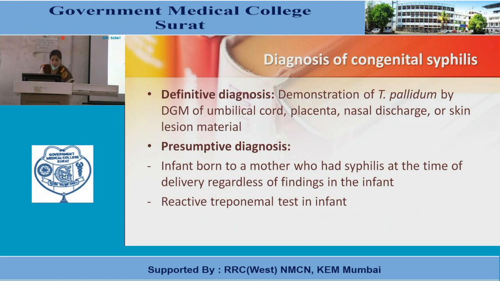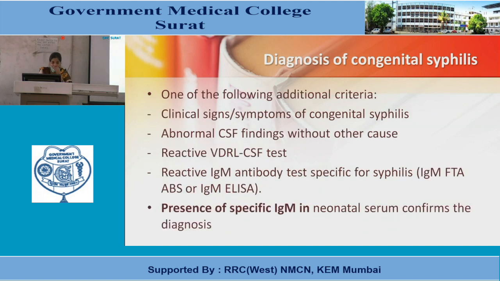A presumptive diagnosis can be made in an infant born to a mother who had syphilis at the time of delivery, regardless of the findings in the infant, and a reactive treponemal test in the infant, plus one of the following additional criteria: clinical signs and symptoms of congenital syphilis, abnormal CSF findings without other cause, reactive VDRL CSF test, reactive IgM antibody test specific for syphilis, IgM FTA-ABS or IgM ELISA, and presence of specific IgM in neonatal serum confirm the diagnosis.